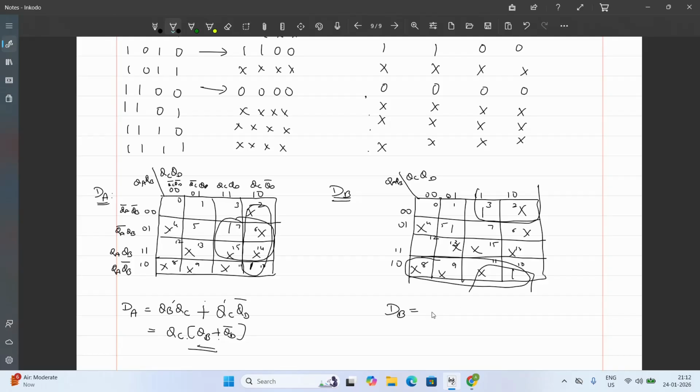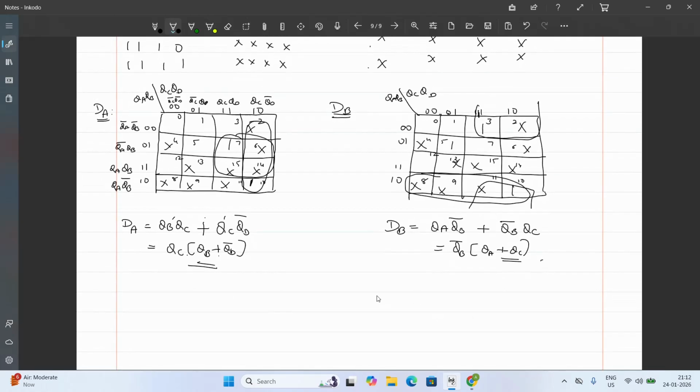So the answer for this will be QA QB bar, that is this one, plus QB bar QC. Again, you can take QB bar common, and you will get QB bar into QA plus QC. Okay, this is the answer for the second one.